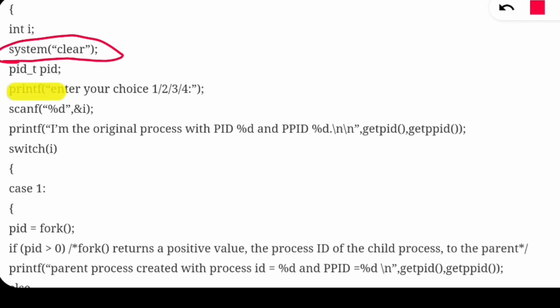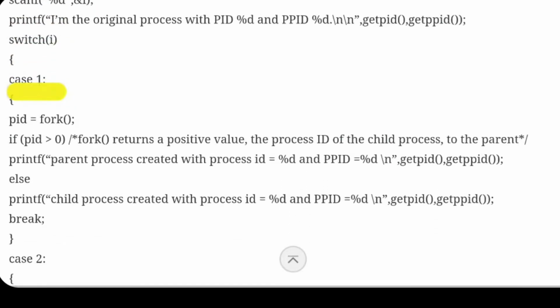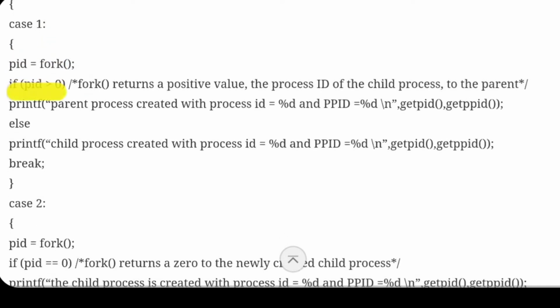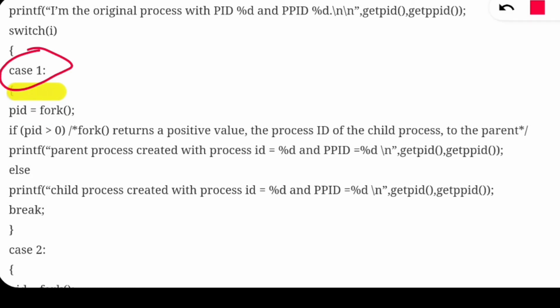And as you know, this is the variable declaration, and we are going to use a switch case for creating the parent and child processes. We are going to take one input and switch on this input. Now, in case 1, we call the fork function, and it returns some value to pid.